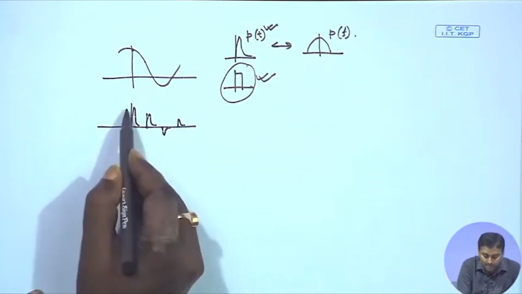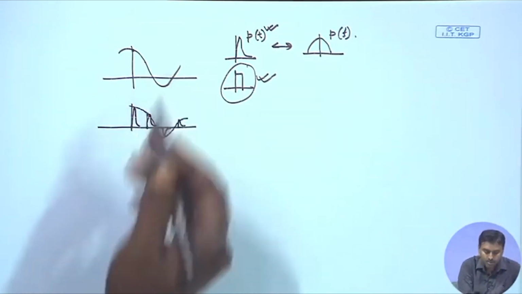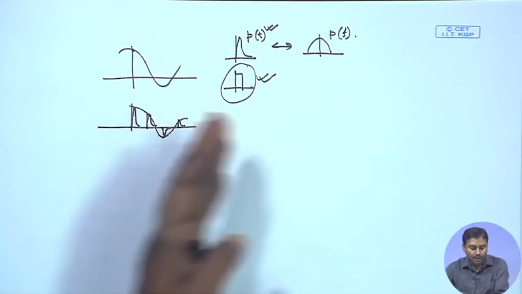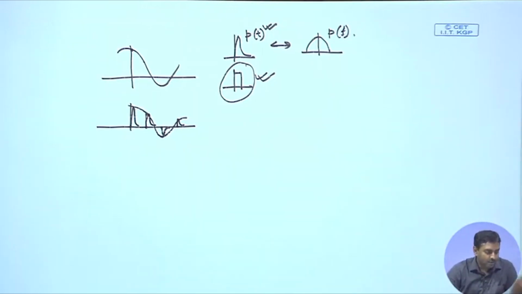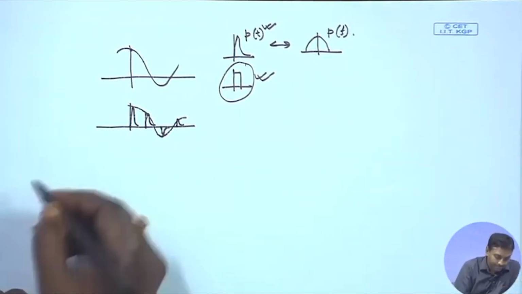Again, the tips of the pulses basically construct your signal. This is what we are trying to do. Let us see what exactly we get whenever we do this modulation.